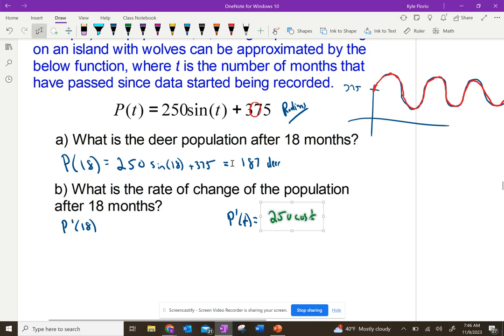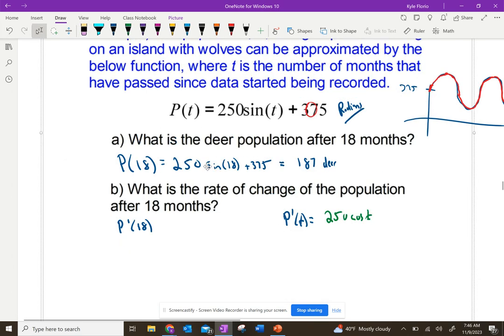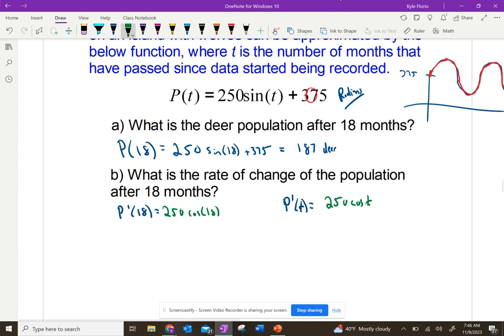It's just going to be 250 times the derivative of sine, which is cosine. Let's make that green. I like making derivatives green. And now that I have my derivative function, we can plug in. So it's going to be 250 times cosine of 18. And that'll tell me the rate of change of the population. And if we toss that in a computer, I get about 165.